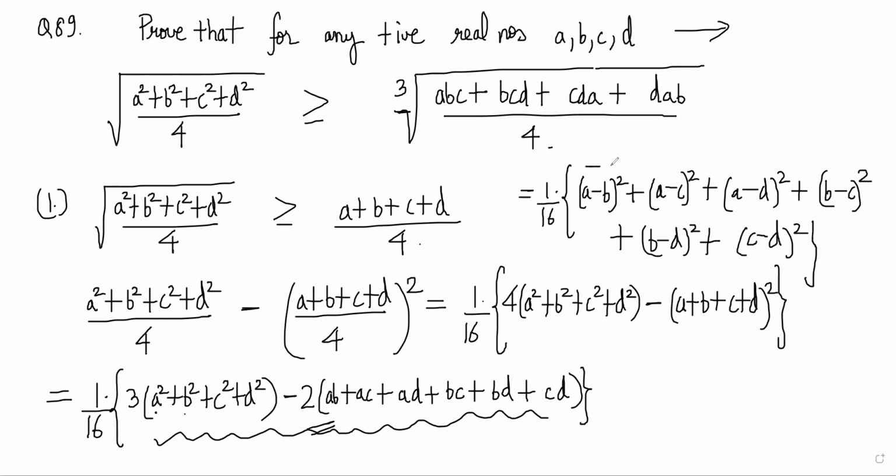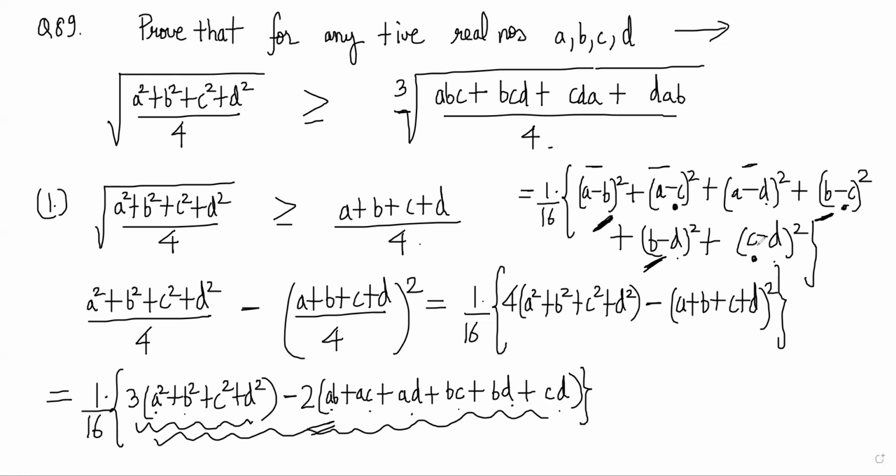Check it out. A square appears 3 times, B square appears here, here, and here. Similarly, C square appears here, here, and here, and D square also appears 3 times. So you get 3 times of this term, and all the minus 2AB, 2AC, 2AD, 2BC, 2BD, and 2CD terms are accommodated.